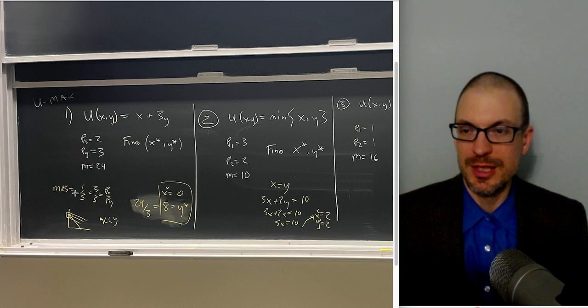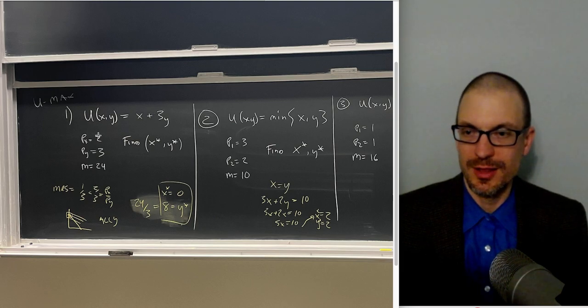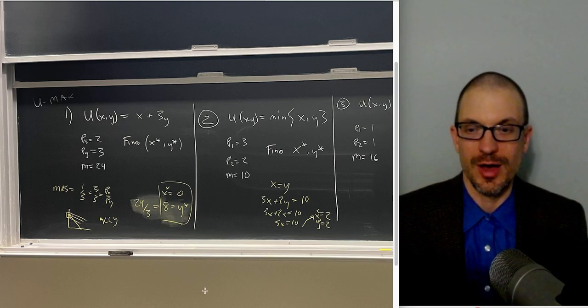Here was the MRS, 1/3, because the marginal utility of x was 1 and the marginal utility of y was 3. Here's the price ratio, 2 divided by 3, that's px over py. 2/3 is bigger than 1/3, so this is our all y solution. Divide income by the price, and there was our 8 y.